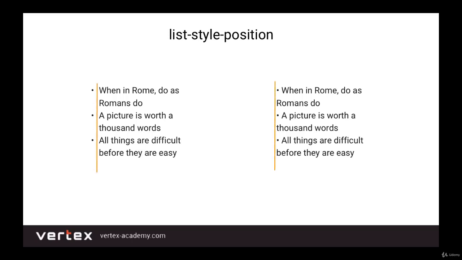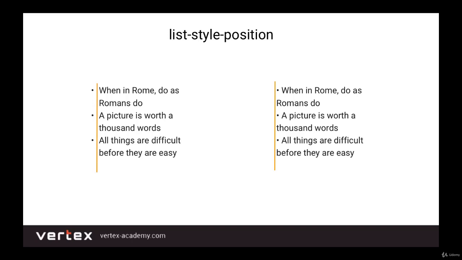Let's draw a line through the first letters of each of them. Now you can clearly see that in the first case the markers are placed outside the line apart from the text. And in the second case, the markers are inside, right with the text. So this way, we can adjust the position of markers in relation to the text.